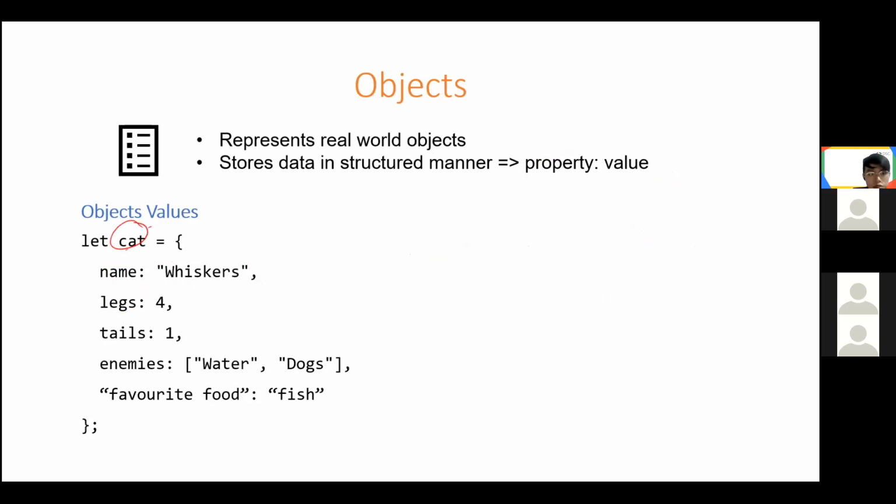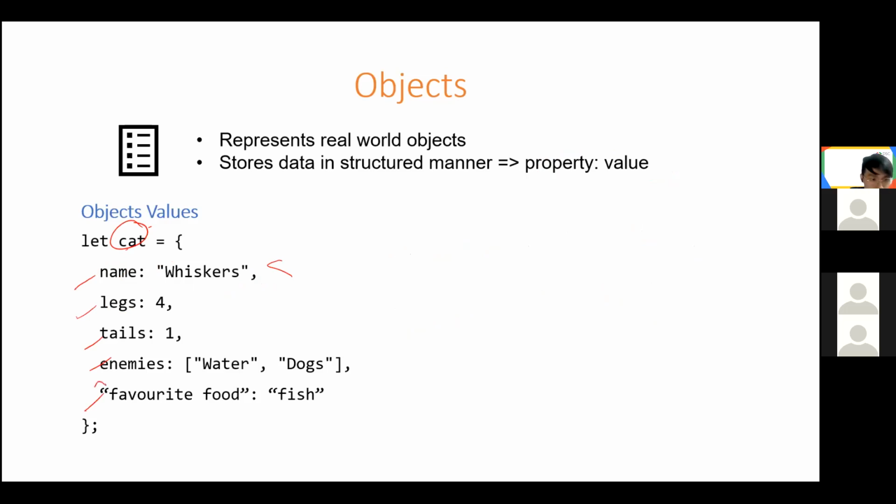So in this cat object, I have 5 different properties: name, legs, tails, enemies, and favorite food. And each of these properties, I store the value of them. So this cat has a name of Whiskers, has 4 legs, has 1 tail, water and dogs are its enemies, and has a fish as its favorite food.